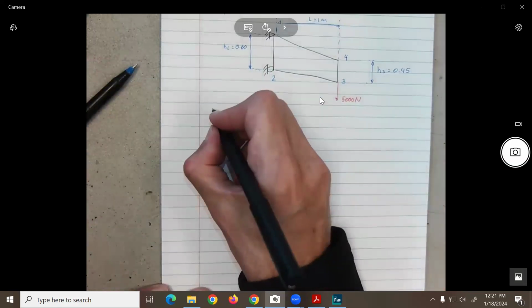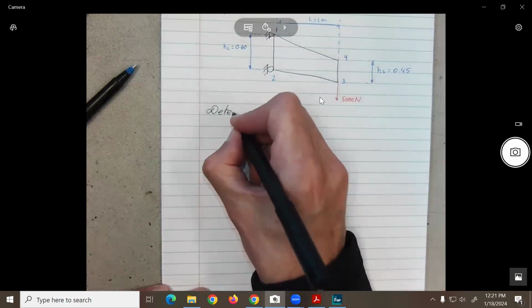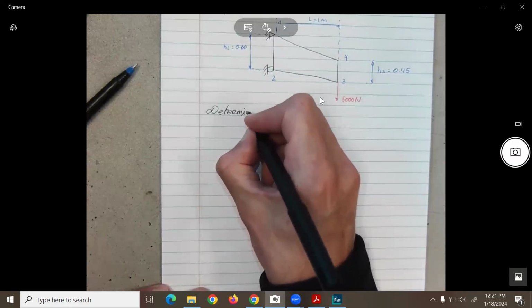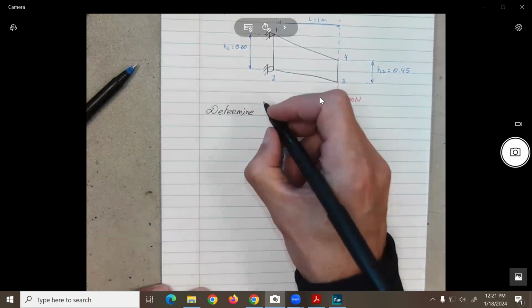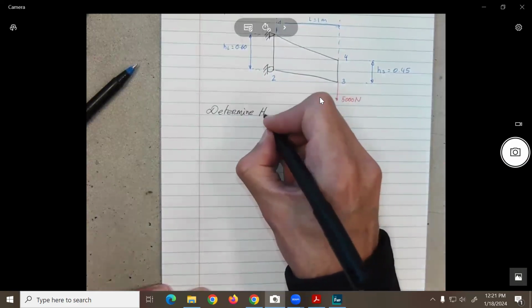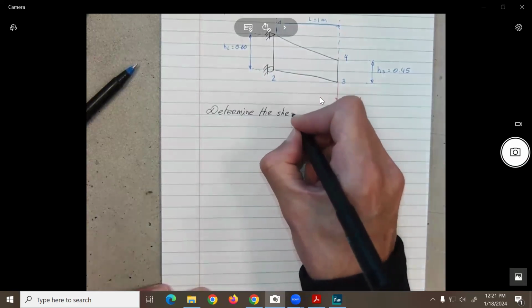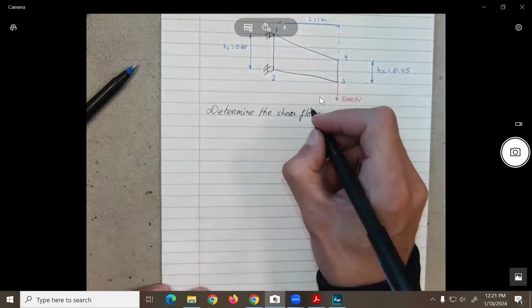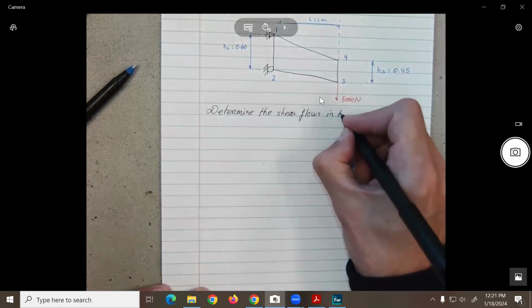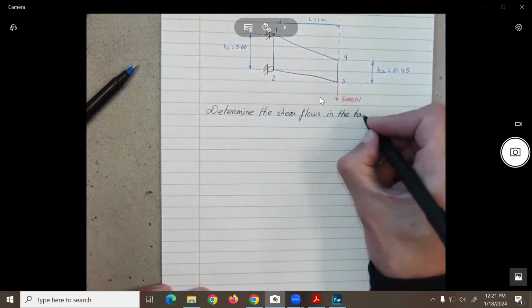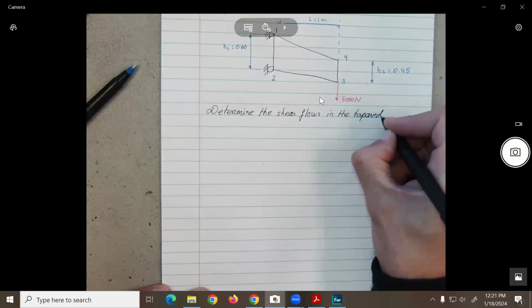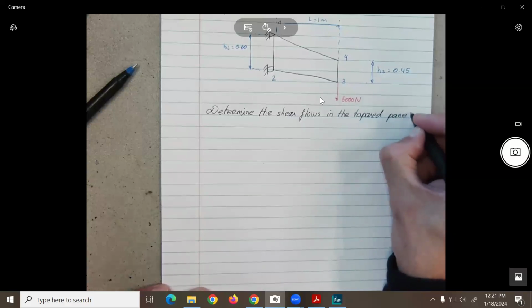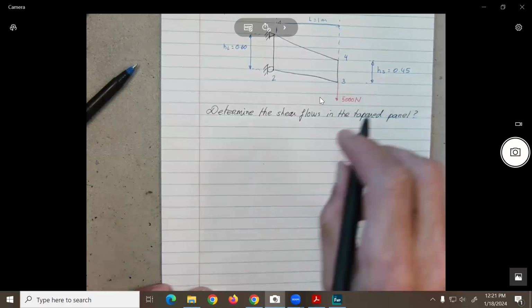So the question is obviously to determine the shear flows in the panel.